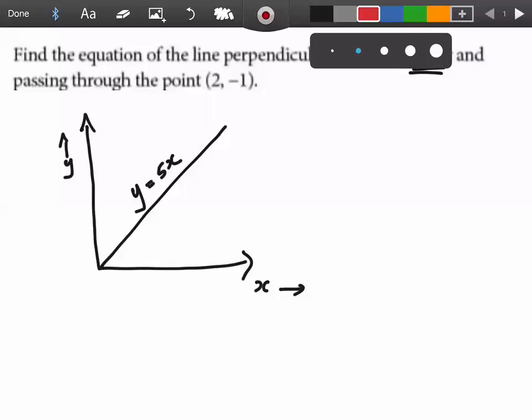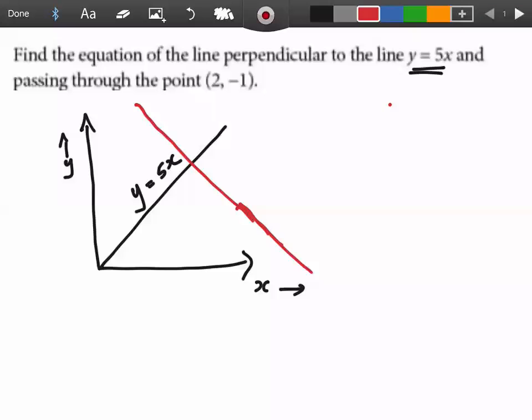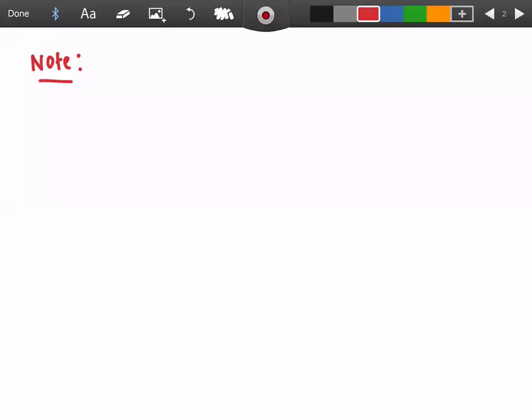So this is our perpendicular line, and it is passing through (2, -1). You should know one fact, so I will write this note here.